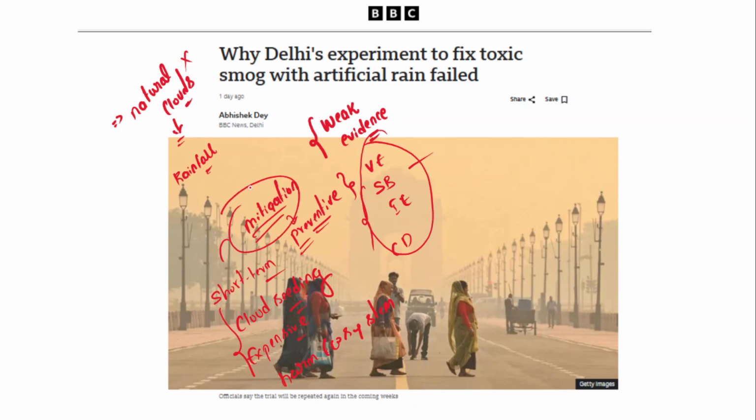Instead of focusing on mitigation measures, the Delhi government should focus on long-term preventive measures which are sustainable in nature. I hope you have understood what cloud seeding is, why the Delhi government has gone for cloud seeding, why cloud seeding is not successful, and what we should do in the long term to achieve a sustainable way of mitigating air pollution in Delhi.